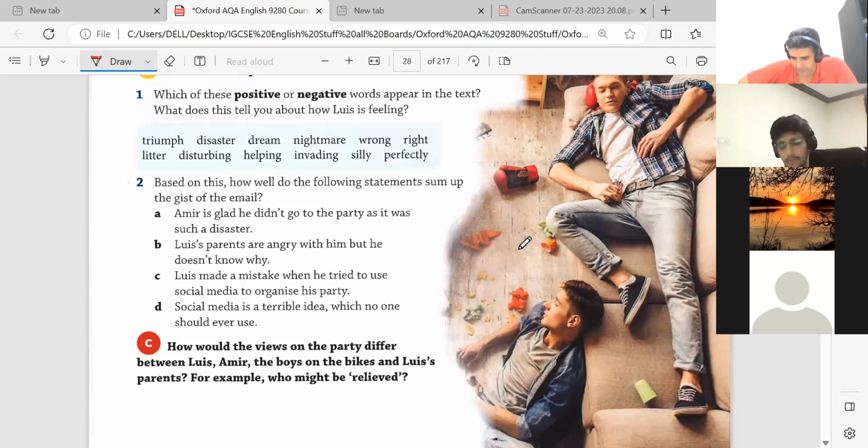Okay. I finished. Okay, perfect. So Akram, number 1.